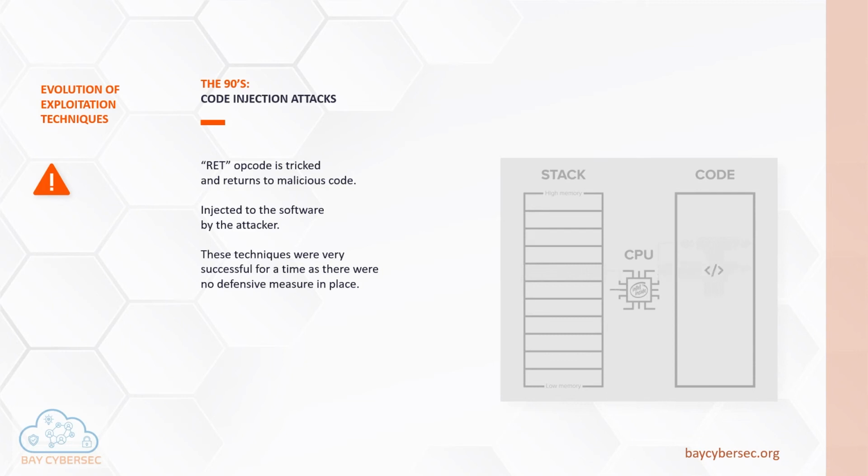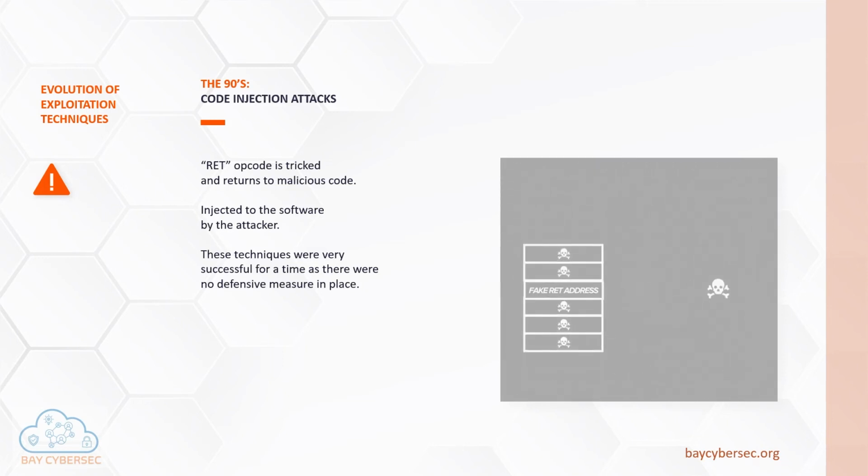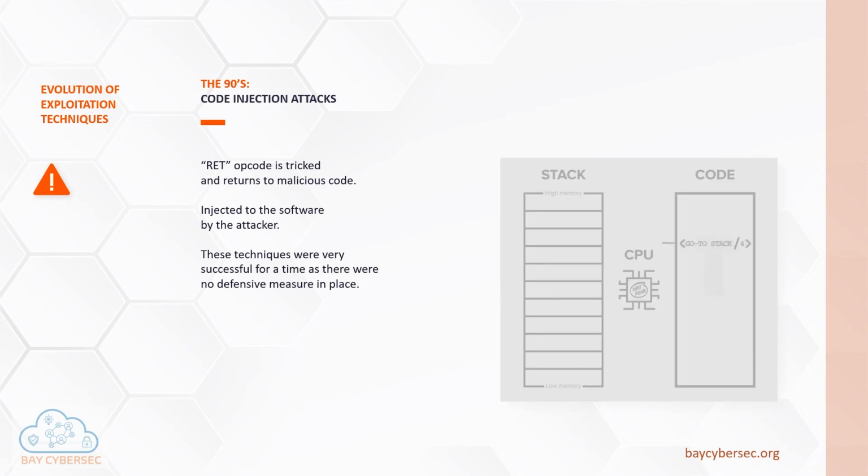So it uses a data structure called the stack, and writes the return address on the stack. When it finishes executing a function, it asks, where was I before? It looks at the stack and hops back. The ret command in assembly pops that value from the stack and moves it to the program counter, meaning the next opcode to be executed, and then the CPU resumes execution from that point.